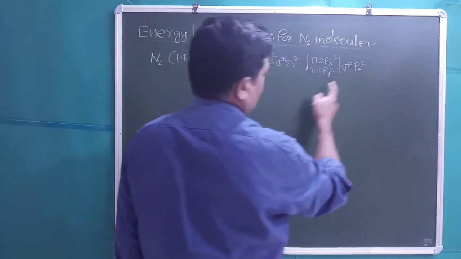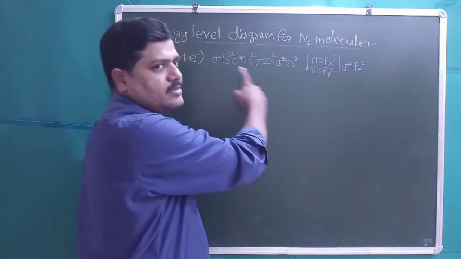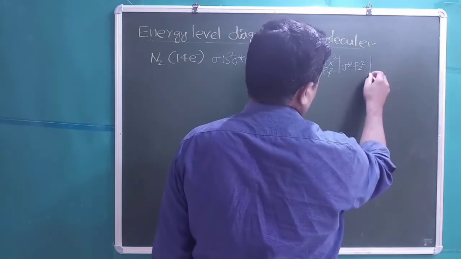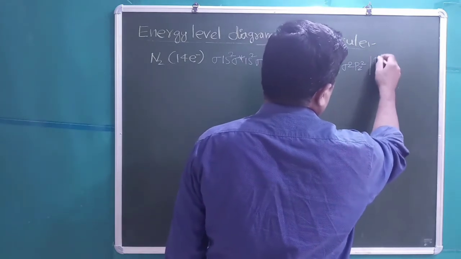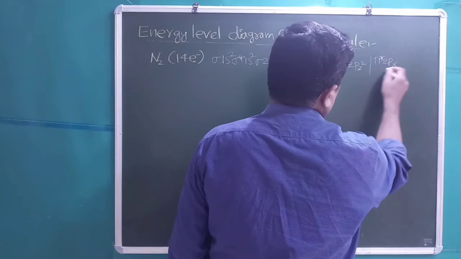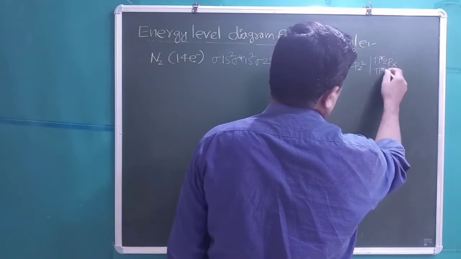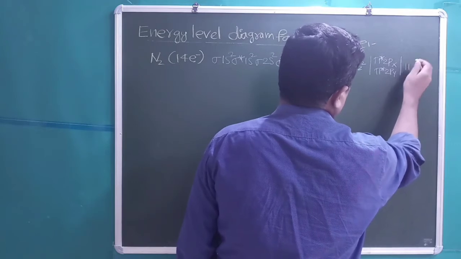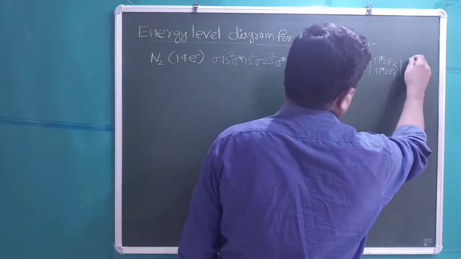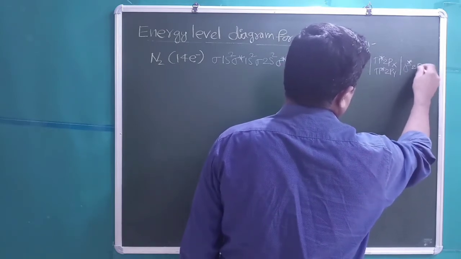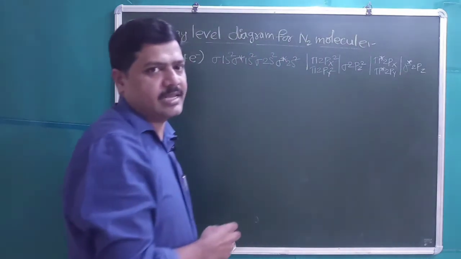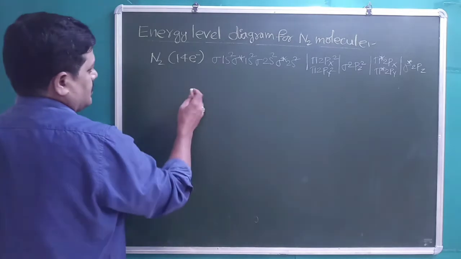Up to sigma 2pz2, the 14 electrons are over. The next orbitals are pi star 2px, pi star 2py, and then sigma star 2pz. These three orbitals do not contain any electrons.